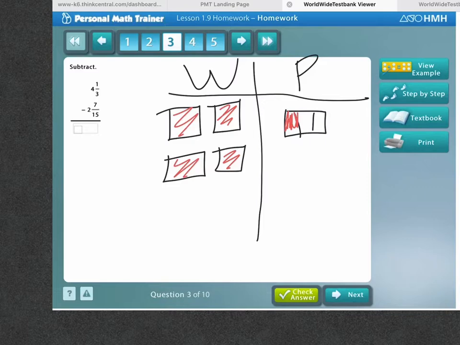Here you're comparing 4 1/3 and 2 7/15, so obviously they are unlike denominators, and we need to find a common denominator. I've modeled 4 1/3 here on the board, and we need to take away 2 7/15, but obviously I have no 15ths here, so I need to change that into 15ths.